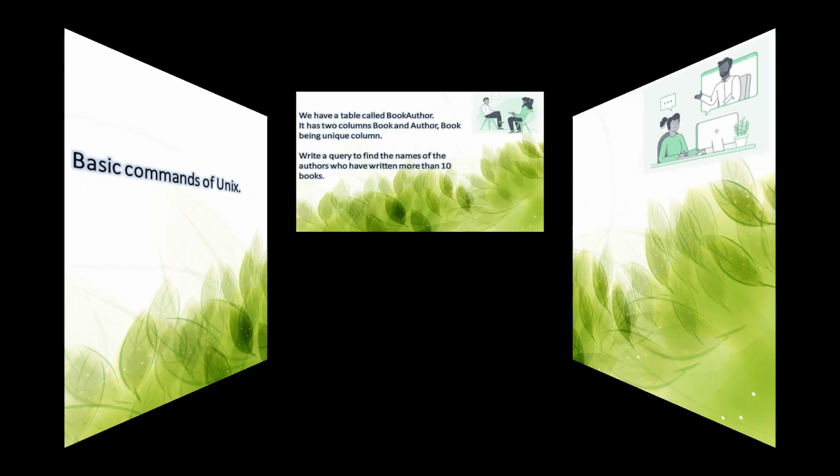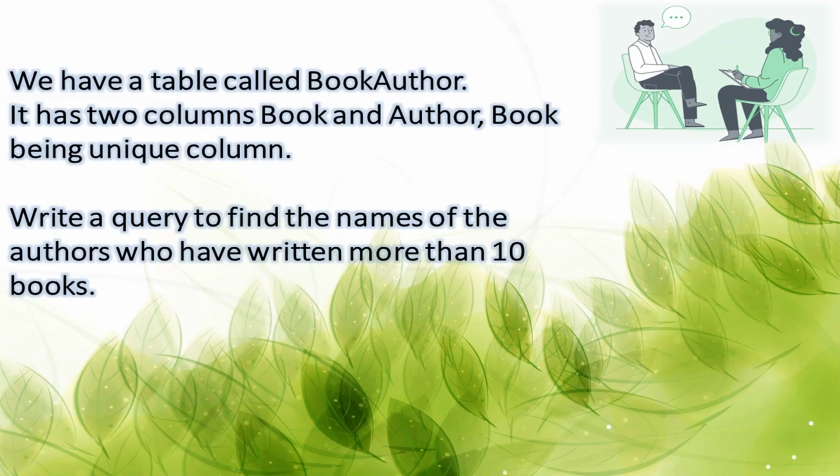Okay, so an example for database. Let's say I have a table with me. The table name is book author. This is a single table, and it has two columns, book and author. Here book is a unique column, since the names of all the books are unique.